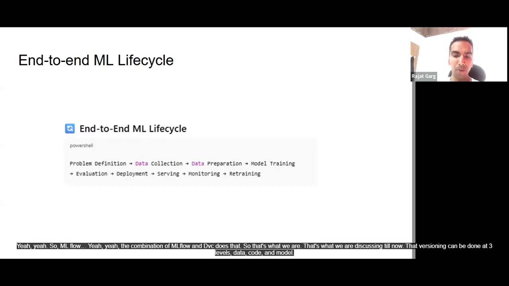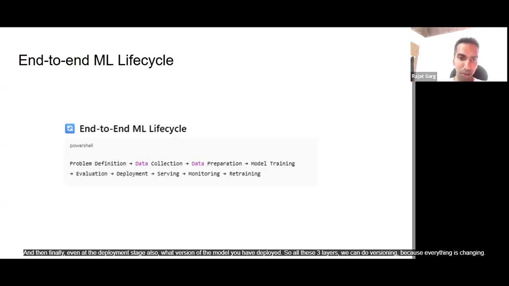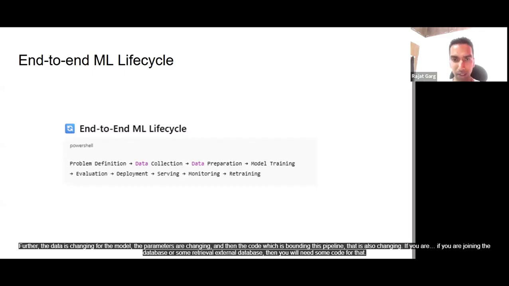The combination of MLflow and DVC does that. That's what we have been discussing till now. Versioning can be done at three levels: data, code, and model. And finally, even at the deployment stage, what version of the model you have deployed. All these layers we can version because everything is changing. The data is changing, for the model the parameters are changing, and the code which binds this pipeline is also changing.